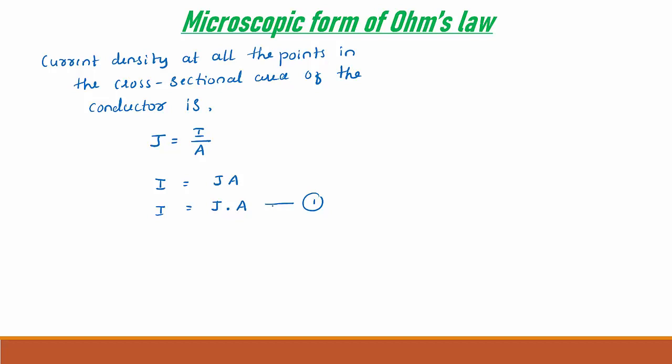Now, if the current flowing through the conductor is not uniform, then I am going to consider a small current through a small cross-sectional area of the conductor.